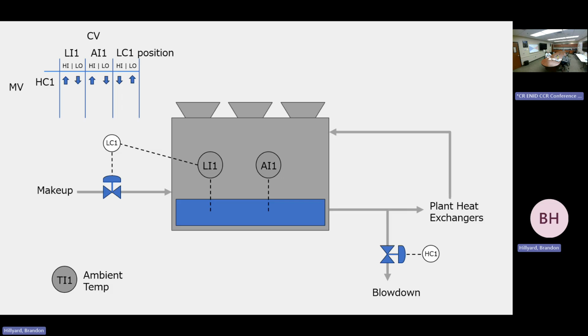And if LC1 is at its high limit, which is probably close to 100%, I would put it at like 90% just to be safe, to give it some buffer. Then you would want to decrease HC1.